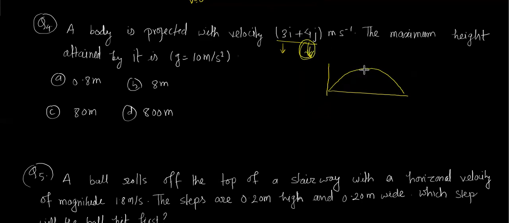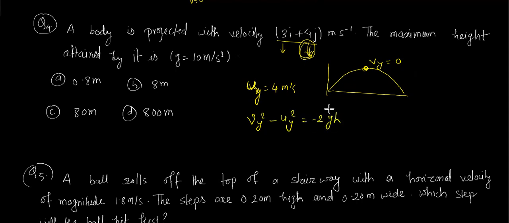That's why we can say that 4 meter per second is the initial vertical velocity, and at the maximum height, the final vertical velocity, I'm going to write it as u, must be 0. That's why we can use the formula u square equal to minus 2 g h.